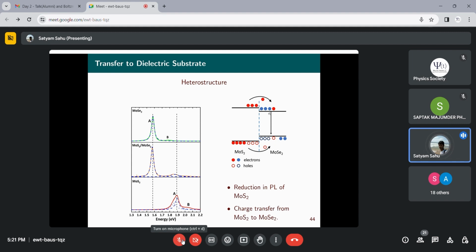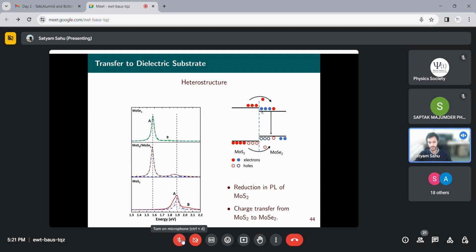So what is happening here is, you have a valence band here and conduction band here, that's for MoS2, and similarly for MoSe2. Because of this difference in energy between the valence bands of MoS2 and MoSe2, most of the holes can easily go from MoS2 to MoSe2. Similarly, for the conduction band we also have some energy difference.